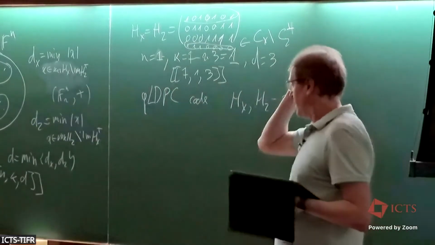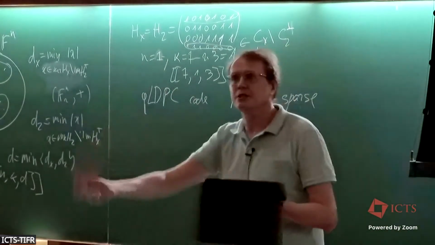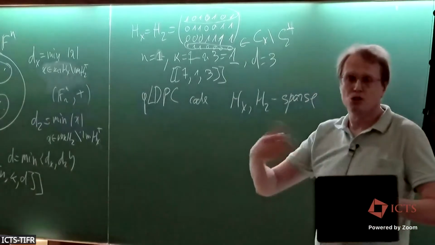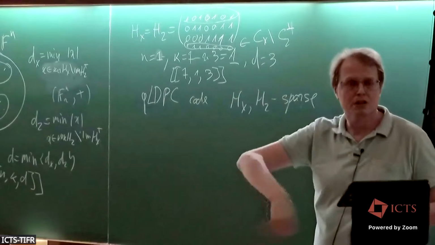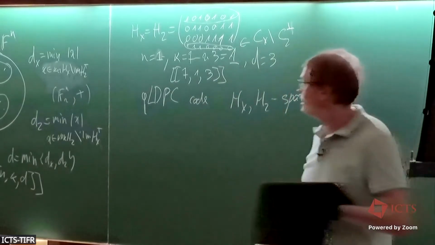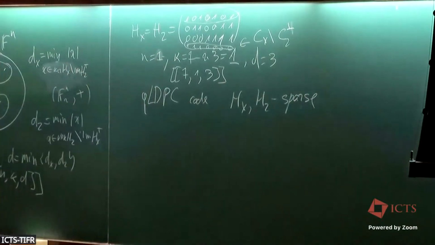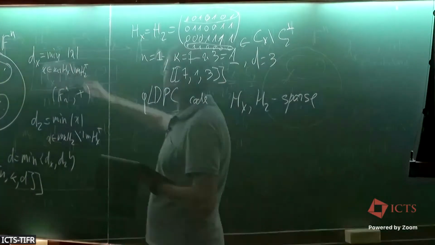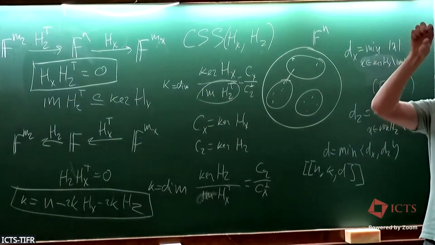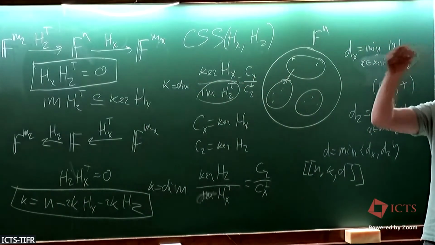Okay. And what is the problem with designing them? In fact, you can easily show that good CSS codes exist just by using some kind of Gilbert-Varshamov bound. So you can just generate a random linear code and a random subspace.